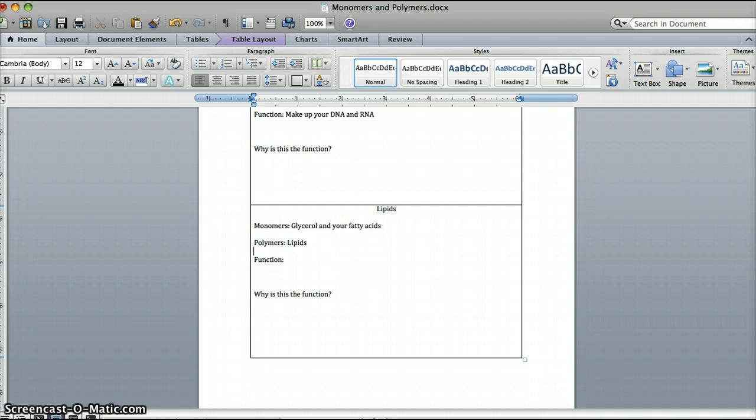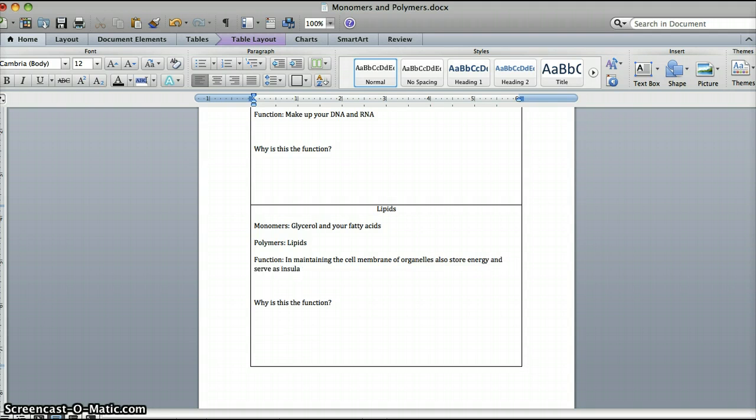Now, what do they do? They play an important role in maintaining the cell membrane of organelles. Also, they store energy and serve as insulators.